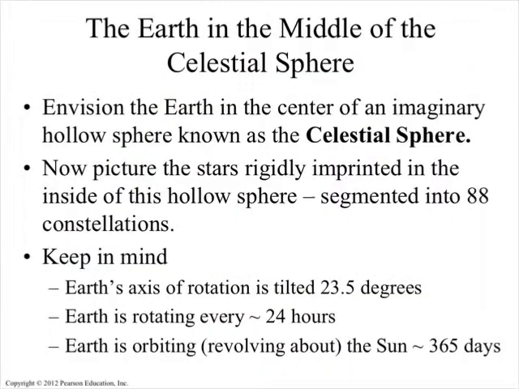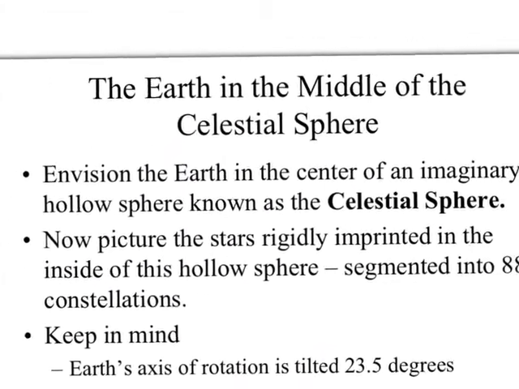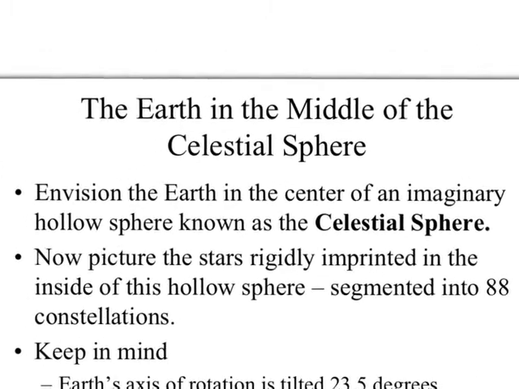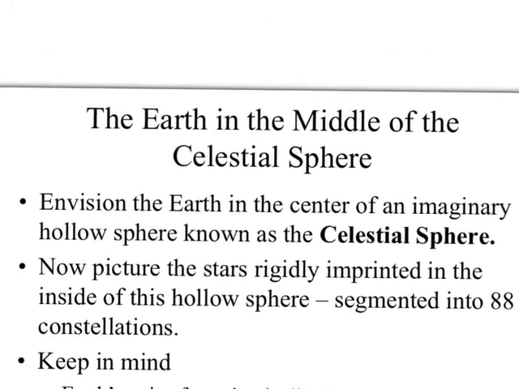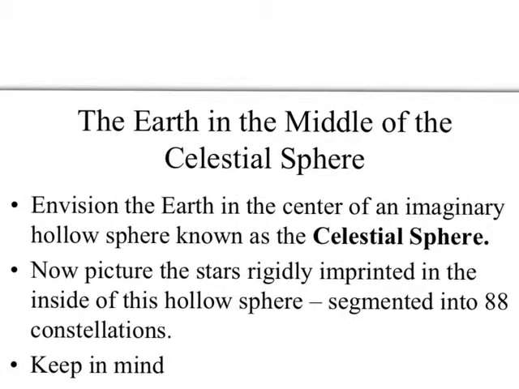Okay, so as we think of the celestial sphere, these first two lines here say what I tried to describe. The sphere itself is hollow, and the stars are stuck to that sphere. In the middle of that celestial sphere is the Earth, just spinning each day. As the Earth spins, then we get to see different constellations.